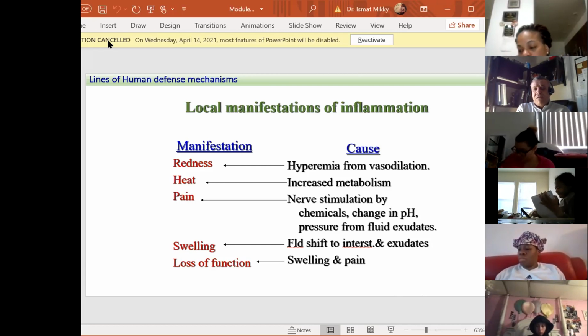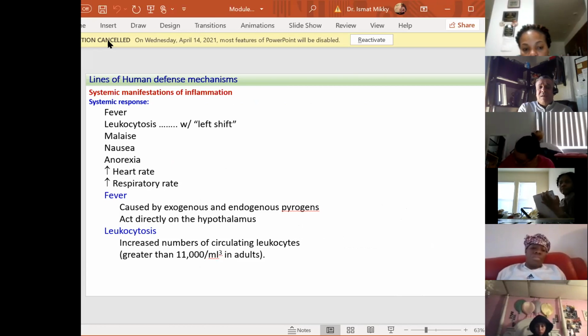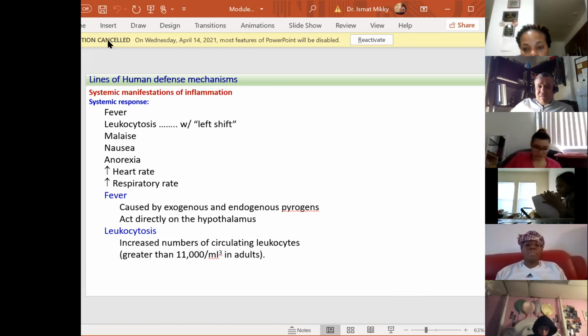Swelling is the shift of interstitial fluid and exudate, so that results in the edema. Then the loss of function comes from the swelling and pain. So this is how you would explain each of the manifestations of inflammation from a pathophysiological perspective.